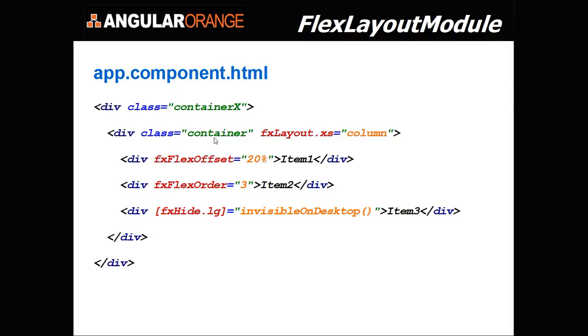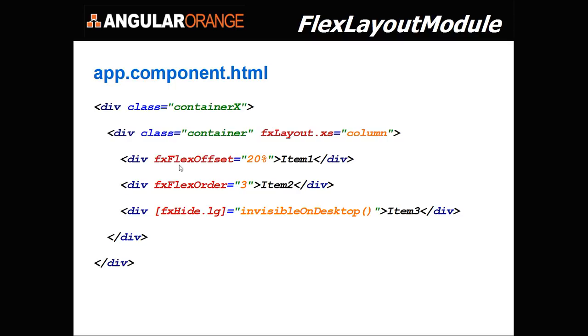In my style here, this is defined as a flex container, and then in my fxLayout.xs I say, if you're on a mobile device, orient this vertically as a column, else it's going to be row oriented, because in my container style sheet, this particular class says display this as a flex row. Then I override that style and say, if on the mobile device, display it as a column.